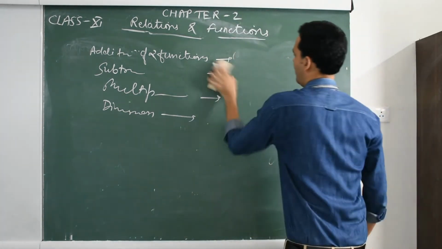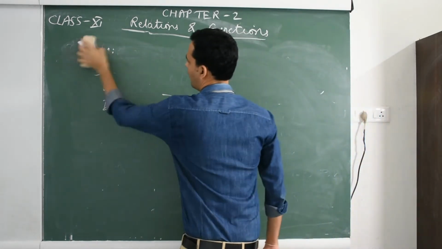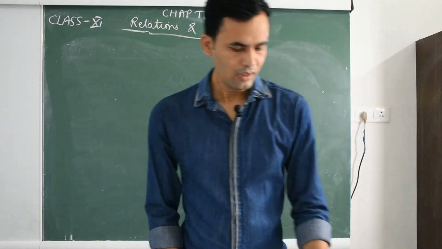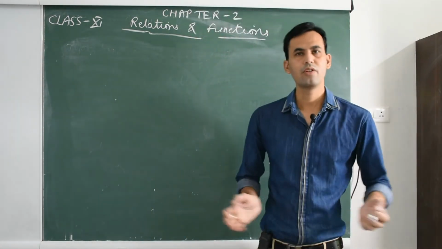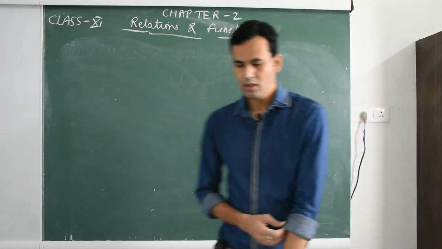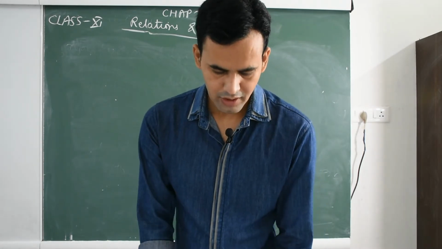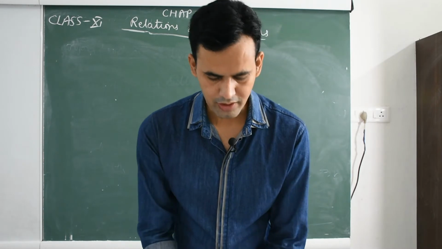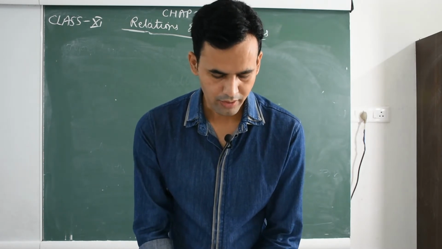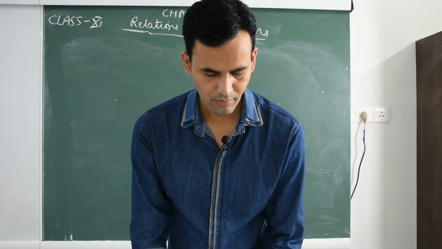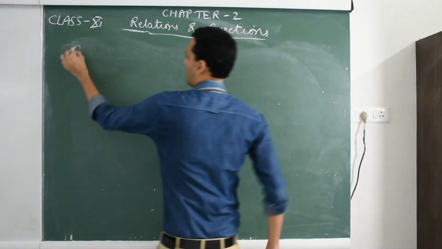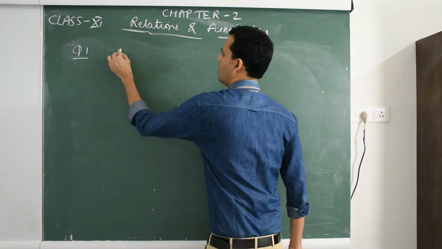Function is a very important topic for the future, and it is one of the most important concepts in mathematics. So now we move towards the next exercise, that is exercise 2.3, question number 1. Which of the following relations are functions?